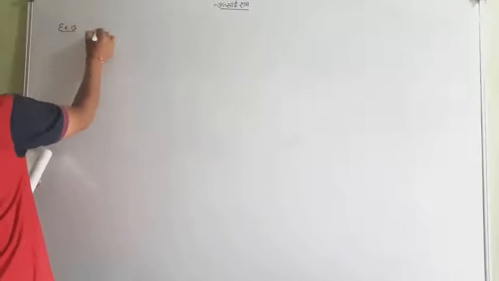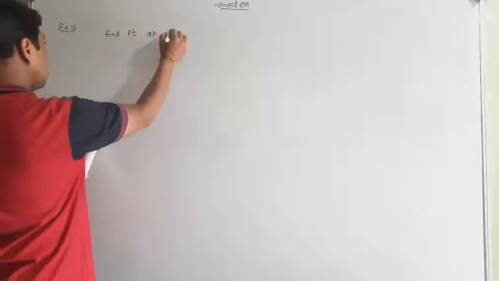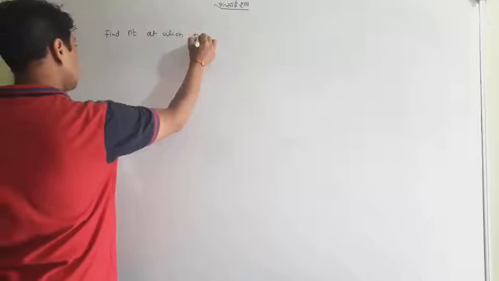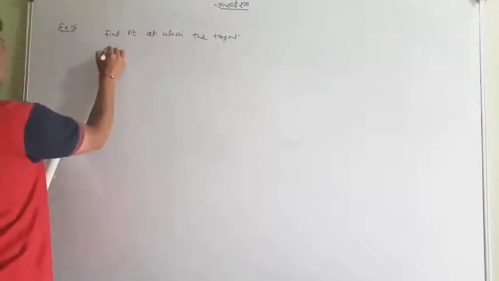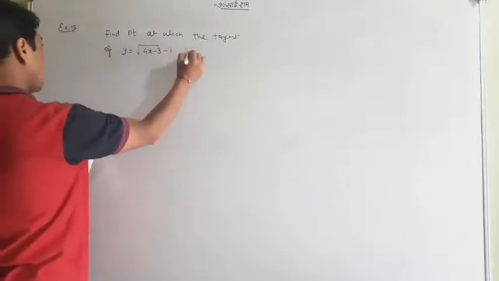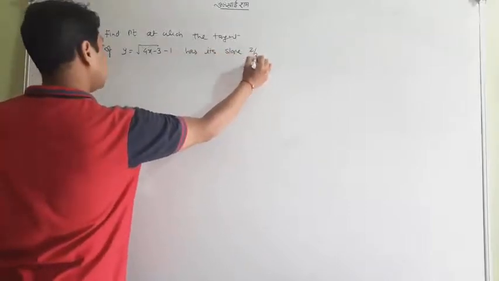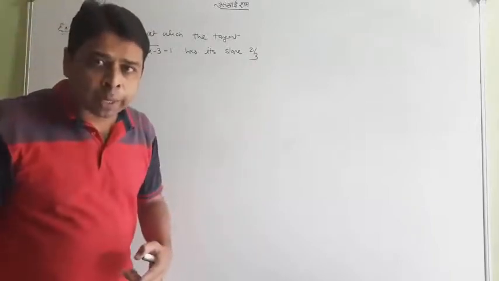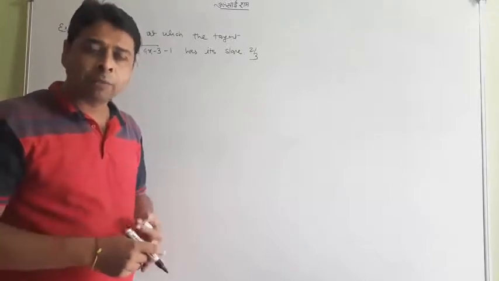Look at the question: find the point at which the tangent to the curve y is equal to 1 plus root of 4x minus 3 has its slope 2 by 3. Very good question. Read the question twice, try to understand the meaning of the question, what is given and what is to be found.